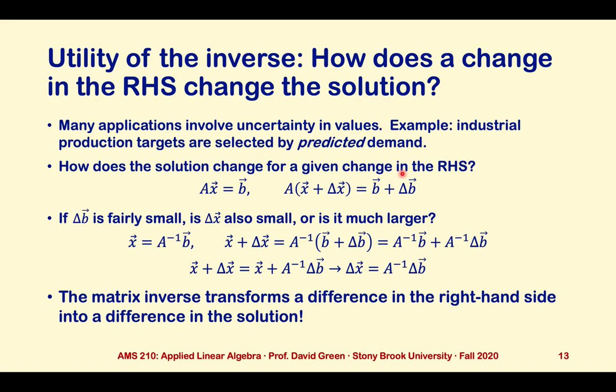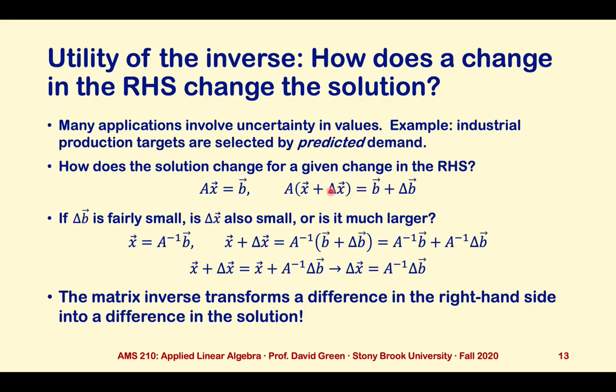If we have a small change in b, is the change in x also small? Or does a small change in b possibly lead to a very large change in x? In the latter case, we might be worried. We might set our production targets based on a predicted demand, but if the demand was off by even a little bit, our desired solution might be very different.